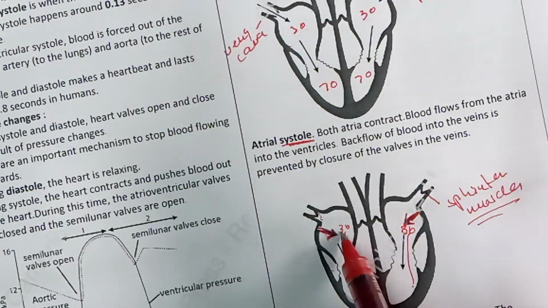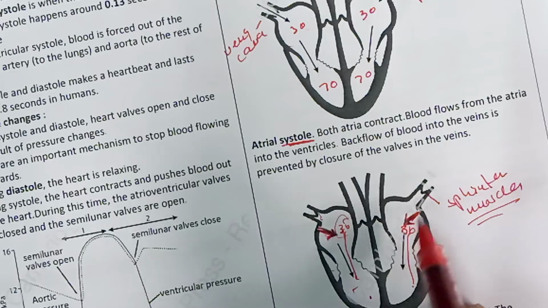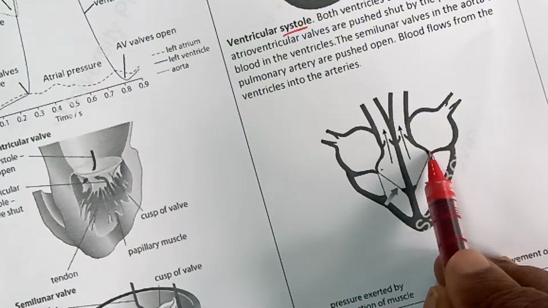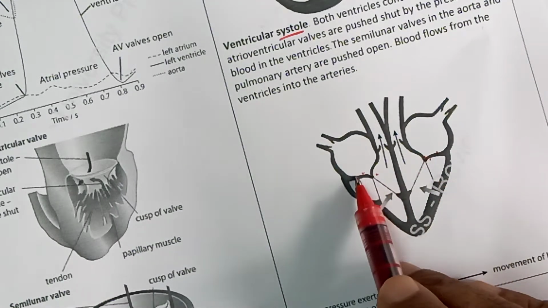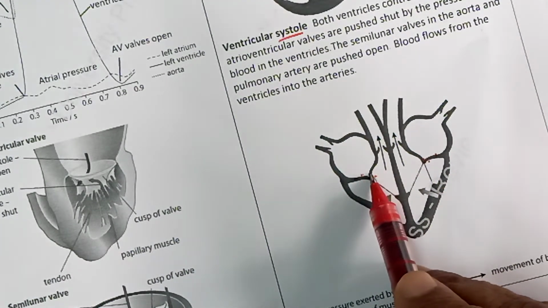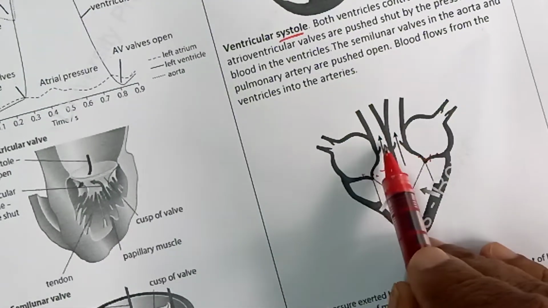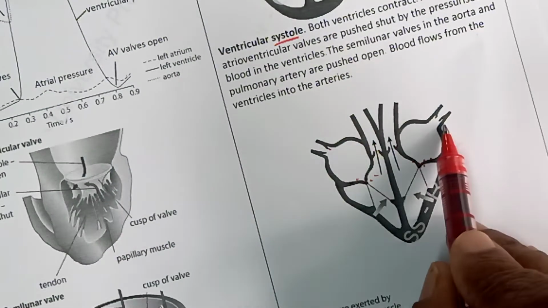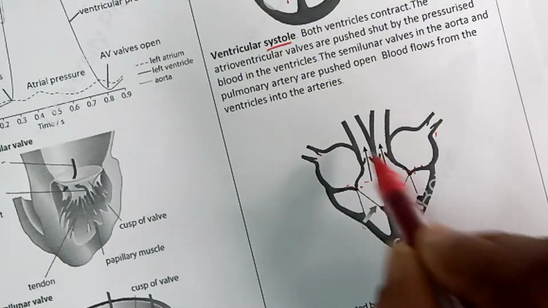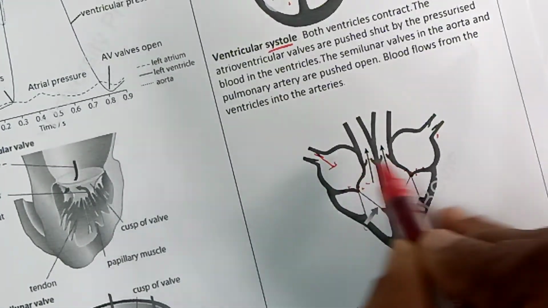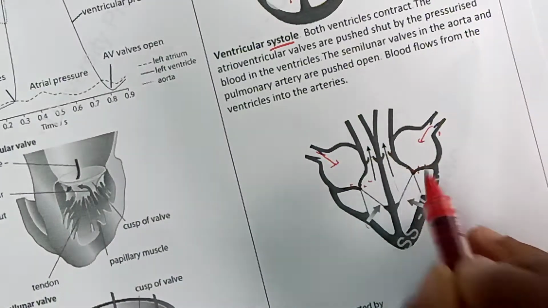As soon as the blood moves down, the valve closes here. We call this the atrioventricular valve closing. This one open and this one open. So at the time the blood is moving up, blood is moving in at the same time.